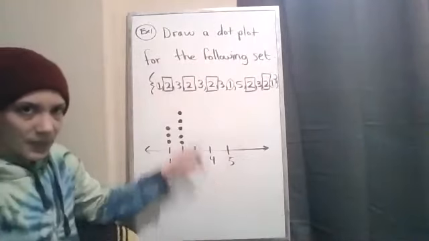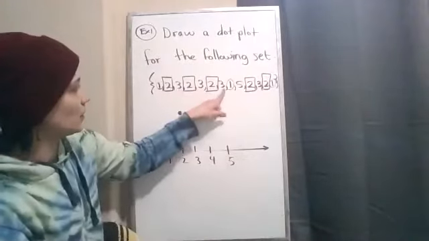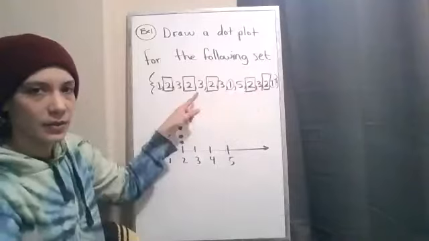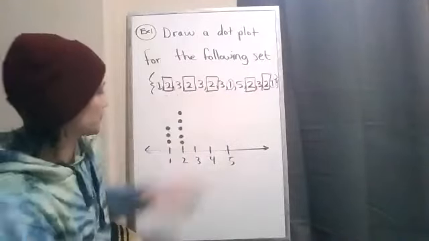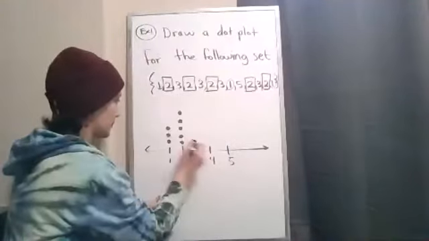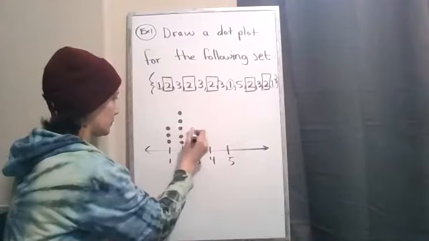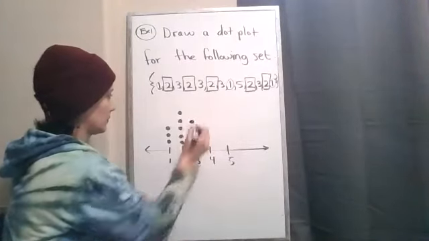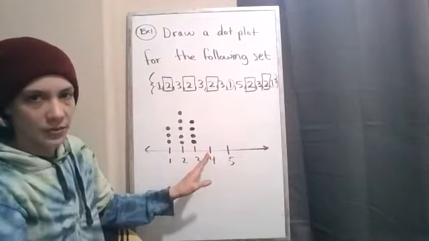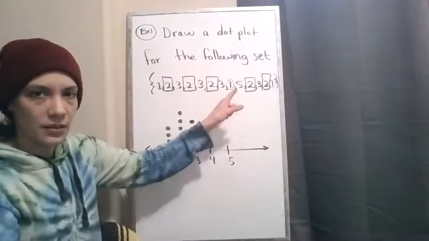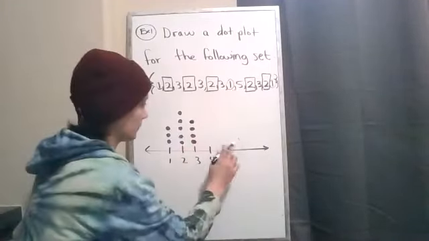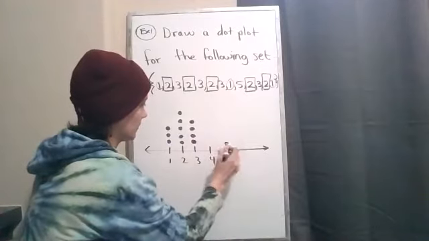Next. 1, 2, 3, 4 of the number 3. We don't have any for 4, and then 5 is just 1 dot. Kind of matching.